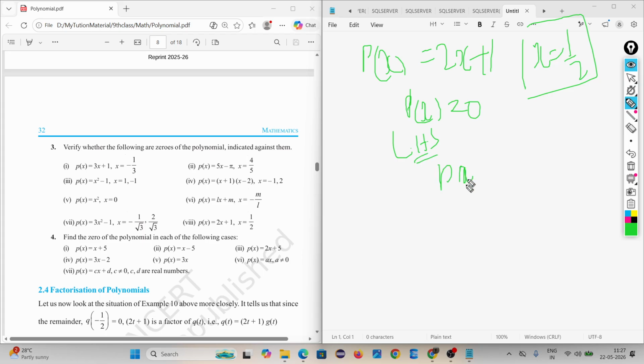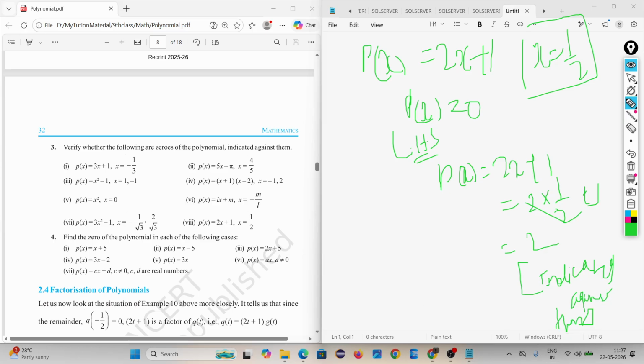LHS: P of x equal to 2x plus 1. Put the value 1 upon 2. Only 1 by 2. 2 and 2 cancel, 1 plus 1 is 2. So it indicates it is not a zero.